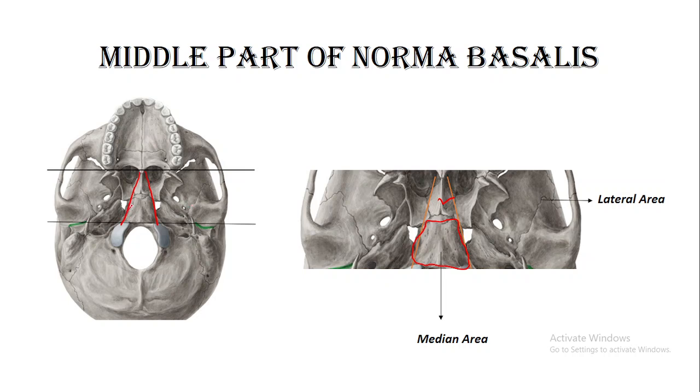So the vomer bone and the basi-occiput, these two are the major structures seen in the median area of the middle part of norma basalis.